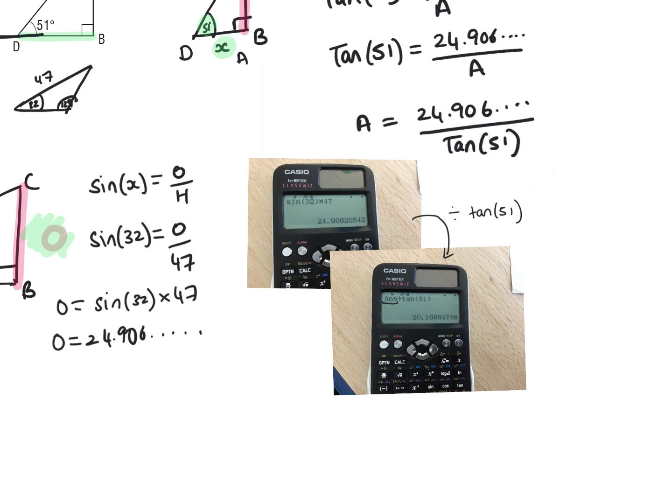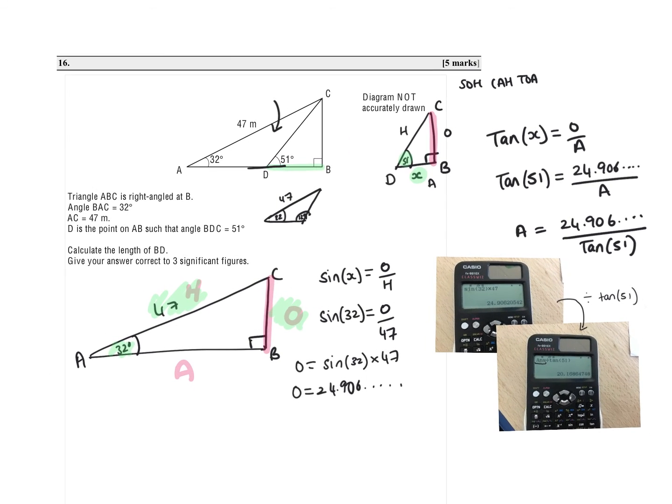So I just literally write divide tan 51, and I get 20.1686, and so on. And then it says round to three significant figures. So in this case, one decimal place, which is 20.2 meters, because the question was in meters. I always look for units.